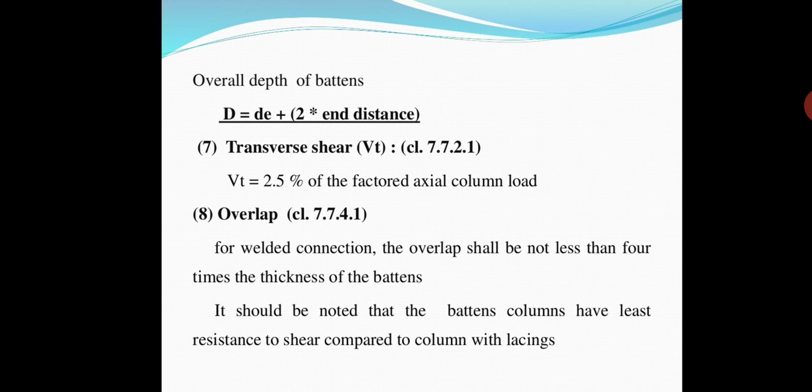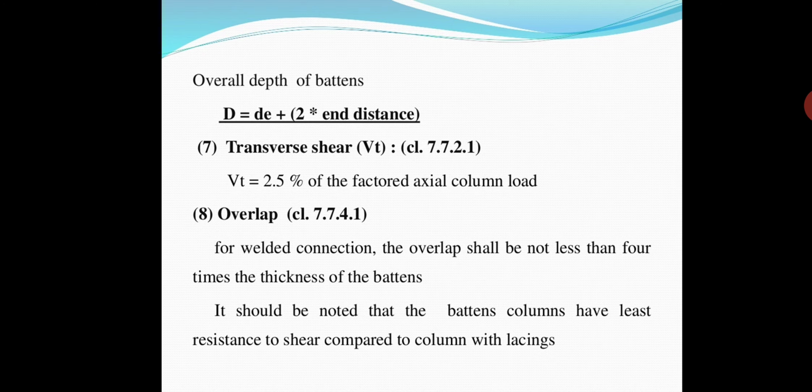And the last step is overlap, given in clause number 7.7.4.1. For a welded connection, if you provide the battening through welding, then the overlap shall be not less than 4 times the thickness of the batten. The same criterion is taken in lacing if we provide welding.